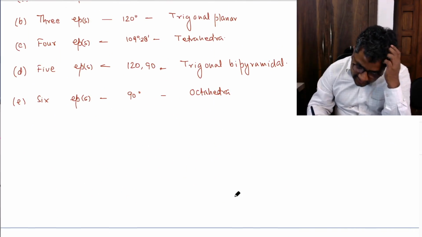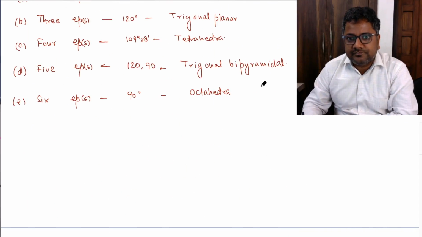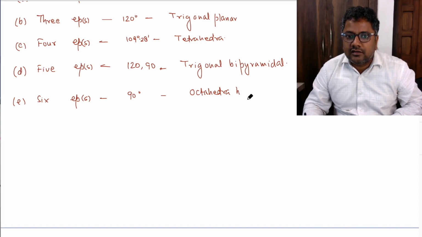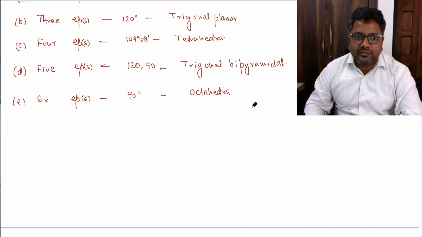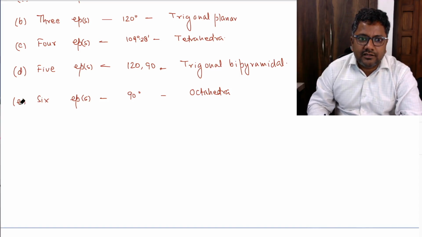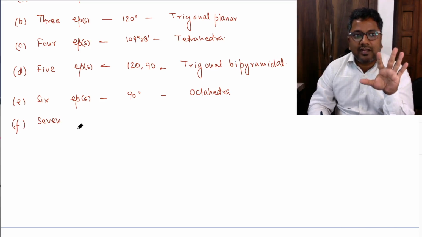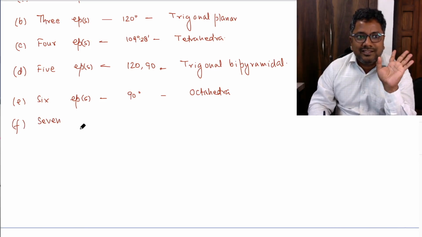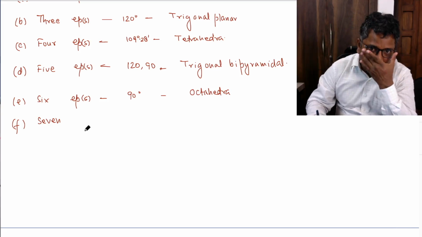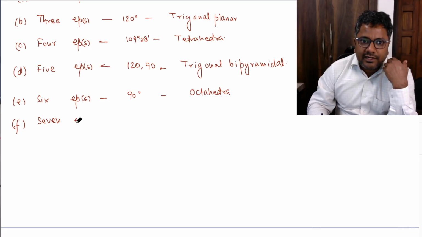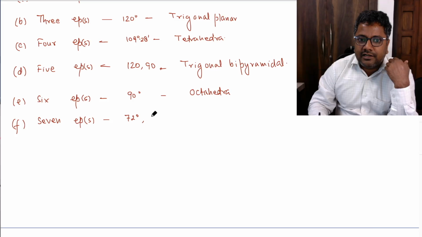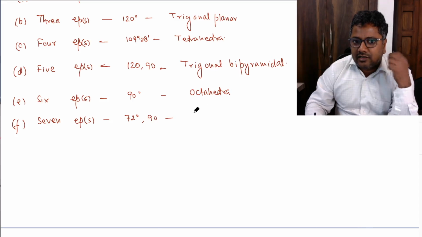So this is octahedral, 6 electron pairs. Although at that time Gillespie and his co-workers defined only up to 6 electron pairs, now you can add 7 electron pairs, so 72 degrees and 90 degrees, and pentagonal bipyramidal.